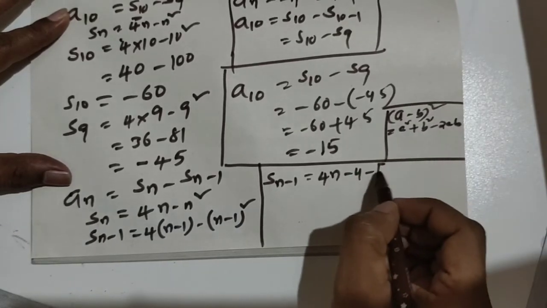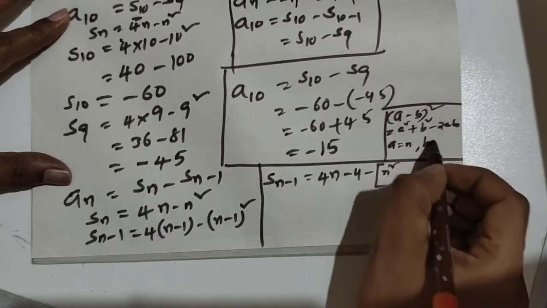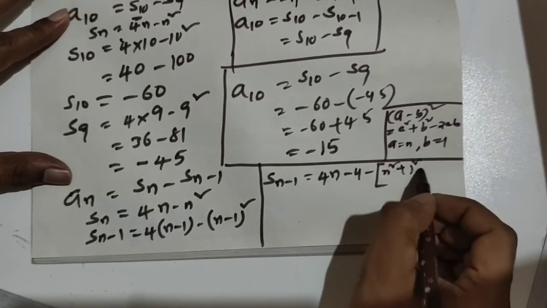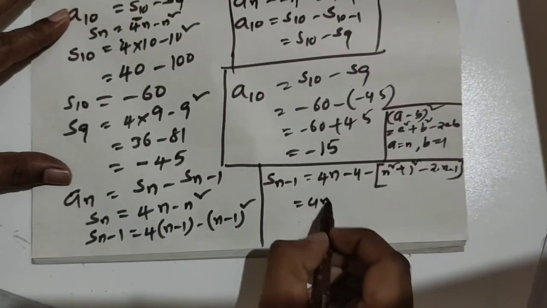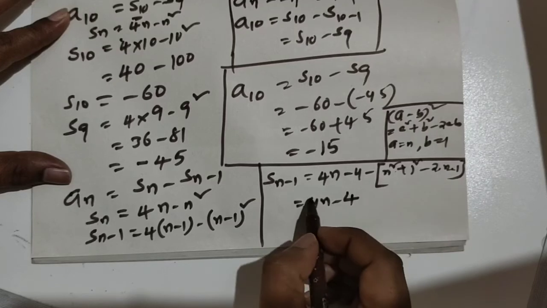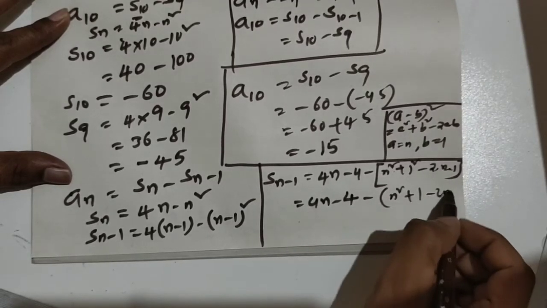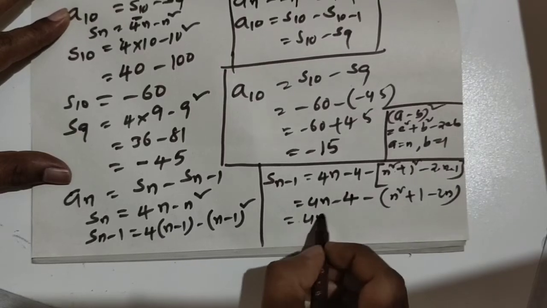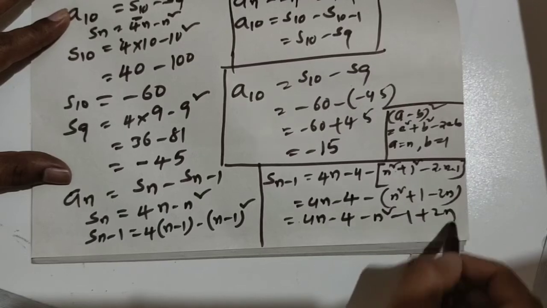So by applying that we can write n square plus 1 square minus 2 into n into 1. So we can write it as 4n minus 4 minus of n square plus 1 minus 2n. On simplification we get 4n minus 4 minus n square minus 1 plus 2n.